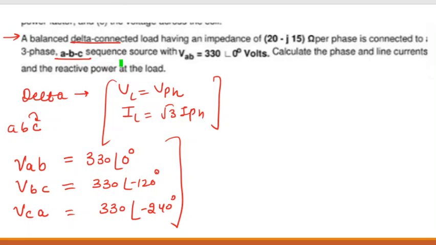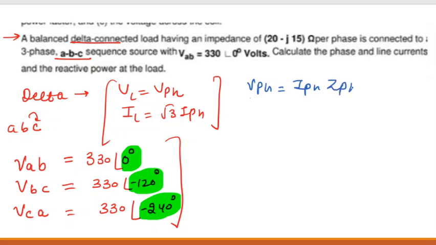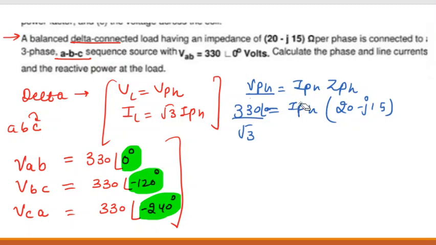As I told you earlier, the first angle is 0 degrees, then we'll have minus 120 degrees, then minus 240 degrees. Now the formula VPH is equal to IPH multiplied by ZPH. ZPH is 20 minus J15. IPH we need to calculate. VPH is how much? VL by root 3... sorry, not root 3.